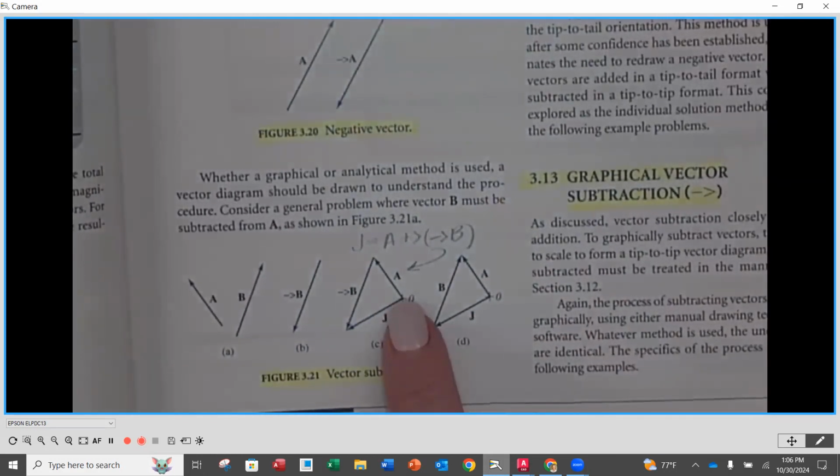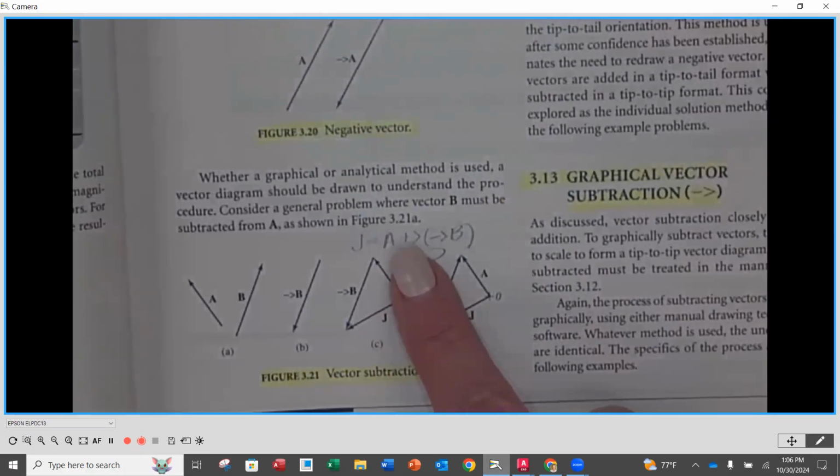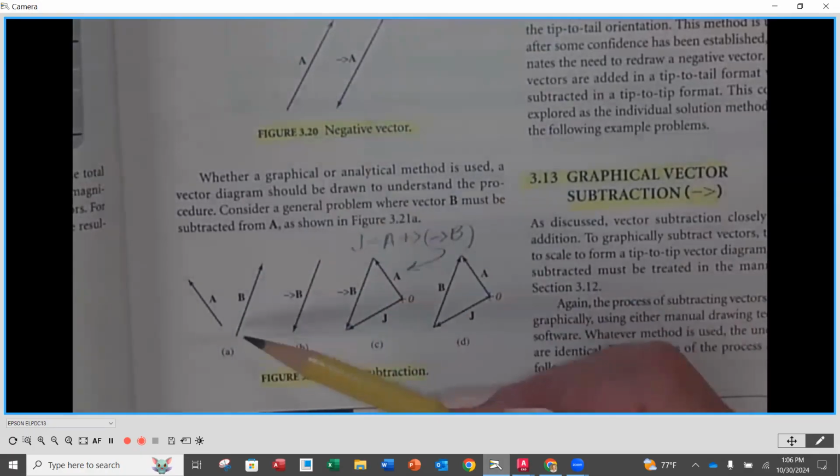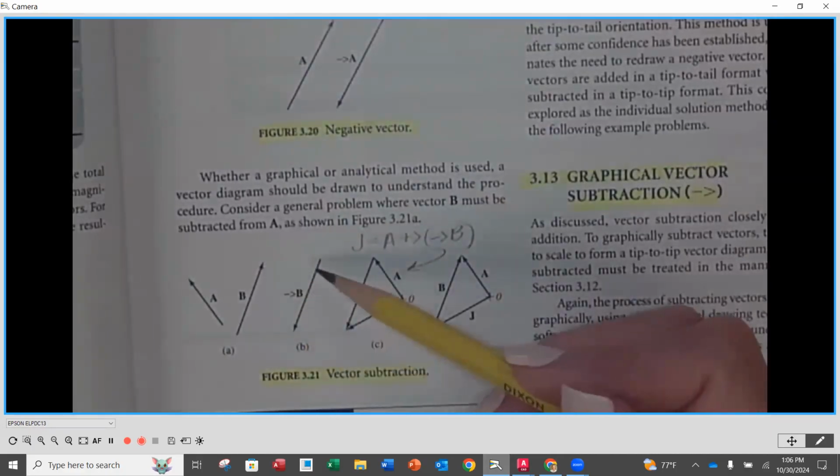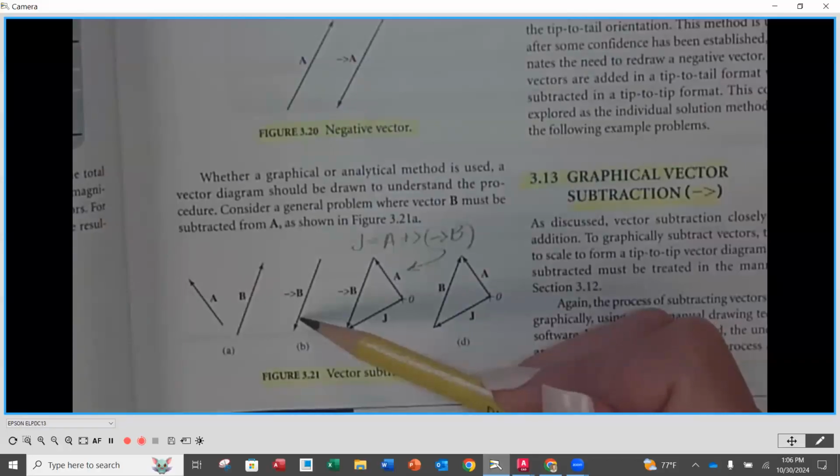So if we start with our origin, we're going to have A in its normal position. It's a positive value. But then we're going to add to it, tip to tail, the negative B. So B was in its positive position going up and to the right. Its negative direction is going down and to the left.